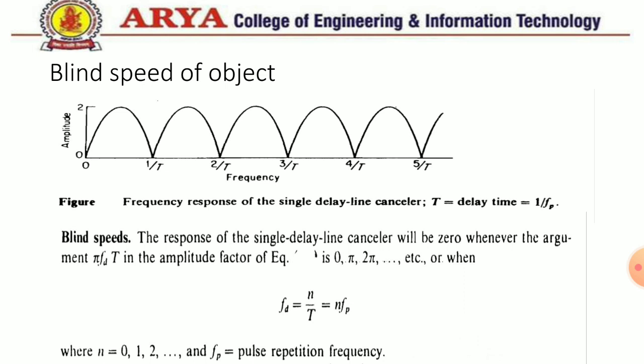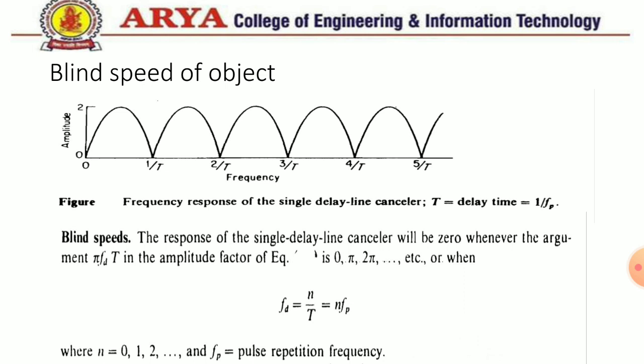Now I will explain the term blind speed. When we talk about an object in motion, we use this delay line canceller with the MTI, moving target indicator. If the object is moving, its Doppler frequency Fd is 2 Vr divided by lambda, where Vr is the relative velocity.